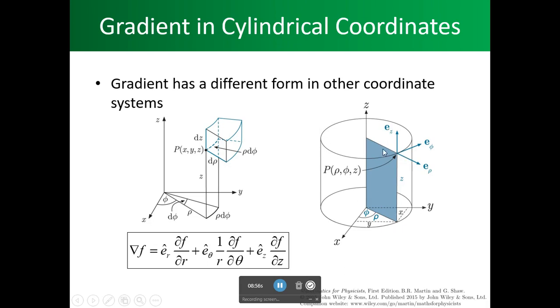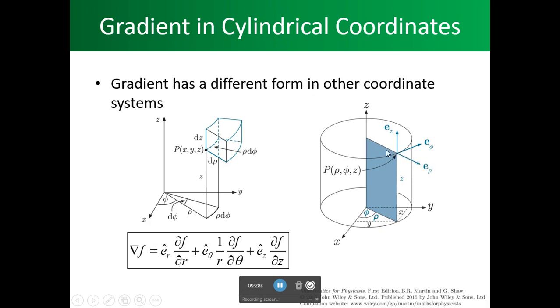And this cylinder is the same cylinder as it was wrapped here, but it's just a piece cut out. As we have this point here, we have a z component which is perpendicular to this point. We have a rho, a phi, and we have a rho, or our x component.